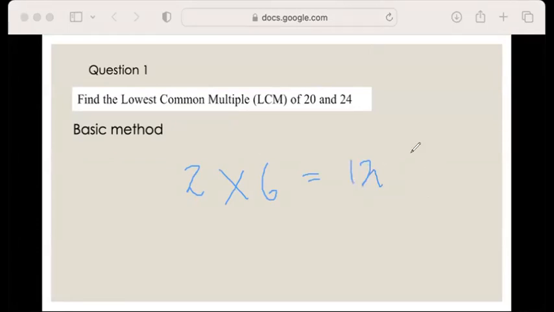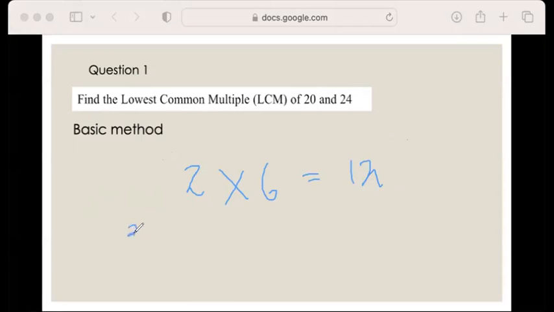So 2 times 6 is 12, and we can say that 2 and 6 are the factors of 12. So that means 12 is made up of multiplying 2 and 6. So 2 and 6 are the factors of 12. Right, okay. So what are multiples?